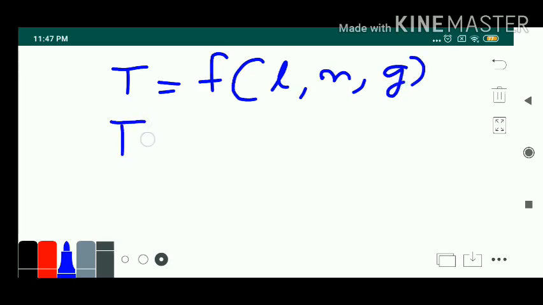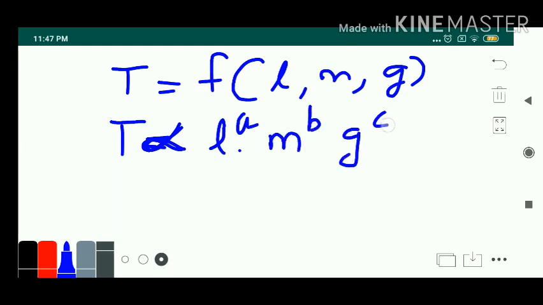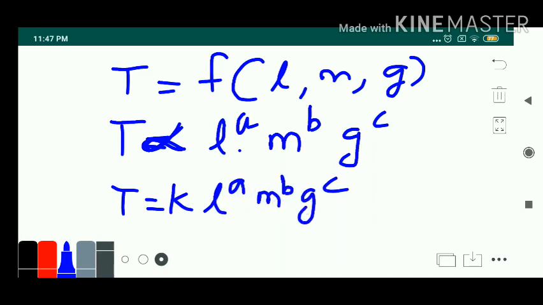Then you can write T is proportional to L raised to a. I don't know that value yet. M raised to b and g raised to c. Now, in order to remove the proportionality, I will write a constant term K: K L raised to a, M raised to b, g raised to c. So we can write this much.